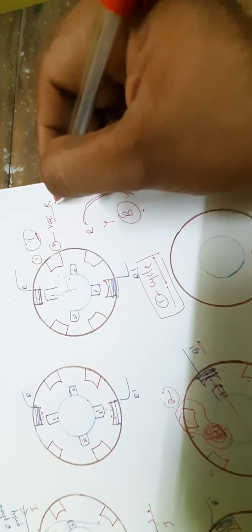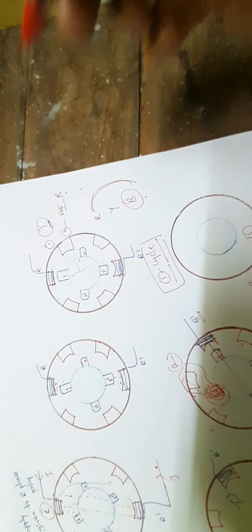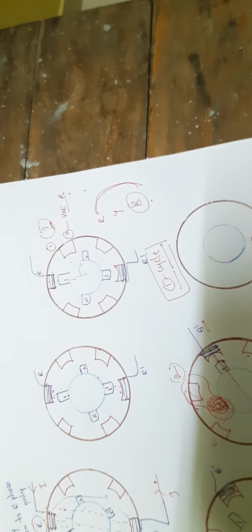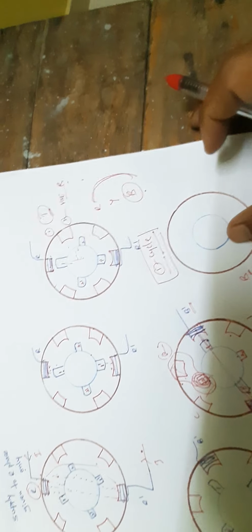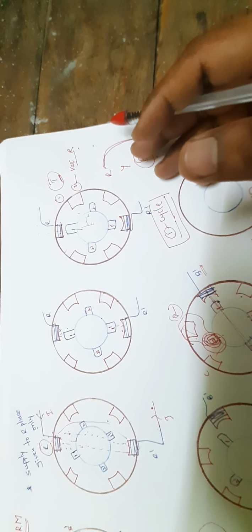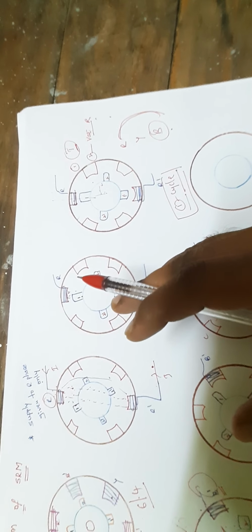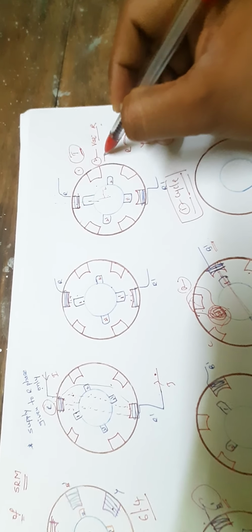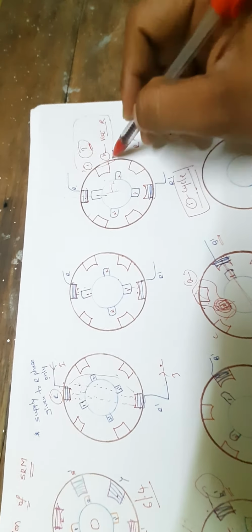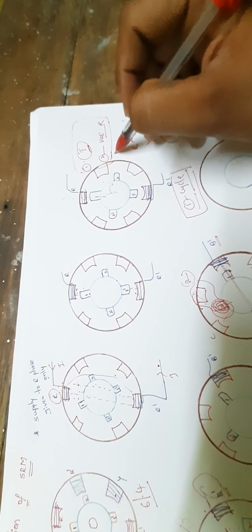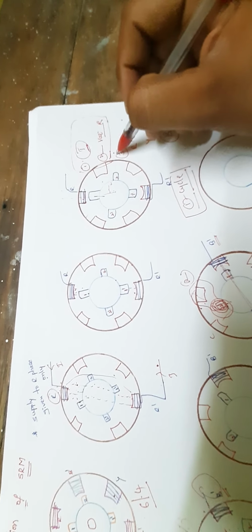Reluctance value changes from minimum value to maximum value. So where is the reluctance variation? That is the second one. We will discuss these two parts and also the third part.